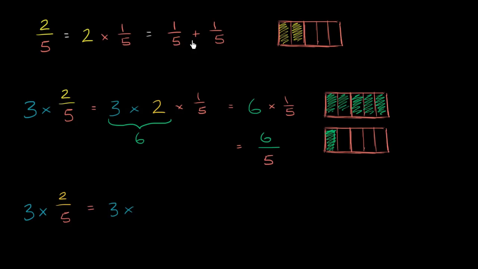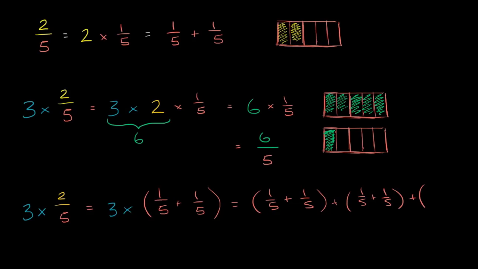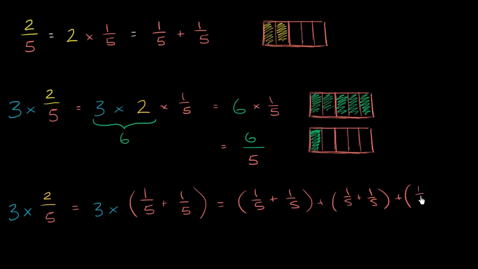So 3 times 1/5 plus 1/5 would be equal to, well, I just have to have literally 3 of these added together. So it's going to be 1/5 plus 1/5 plus 1/5 plus 1/5, I think you get the idea here, plus 1/5 plus 1/5.